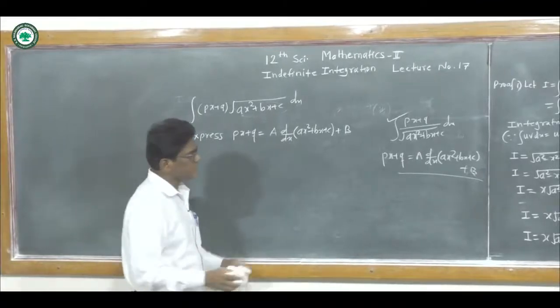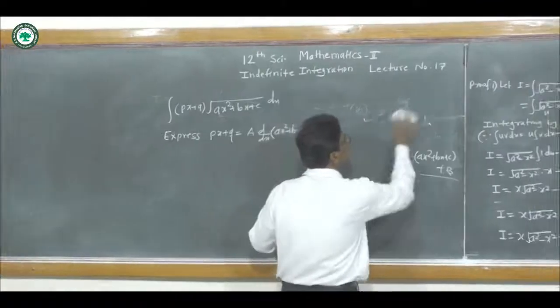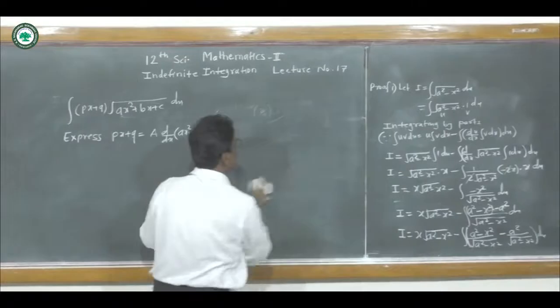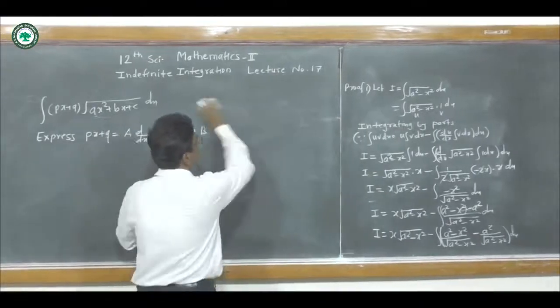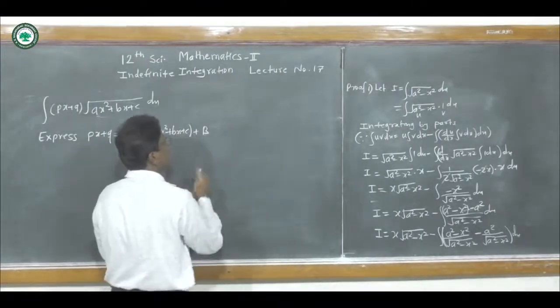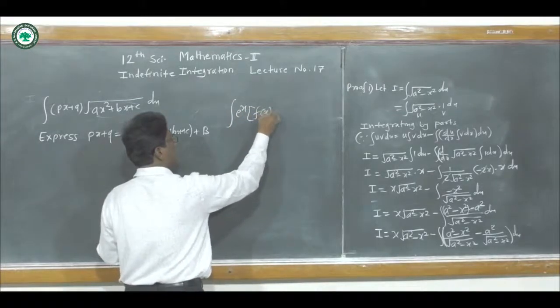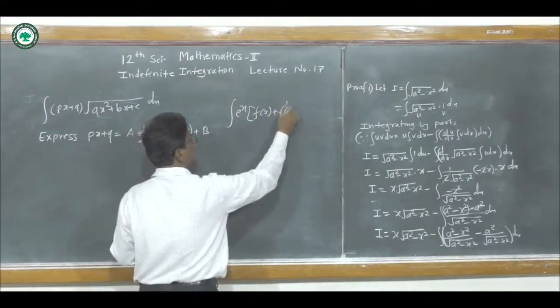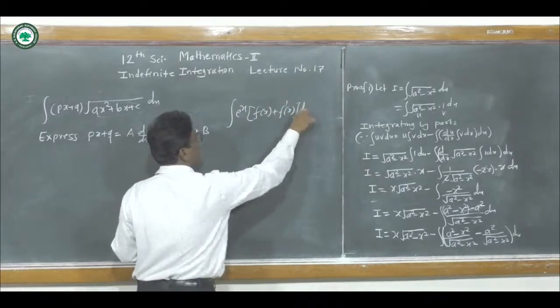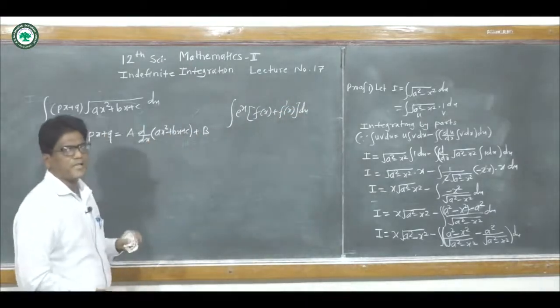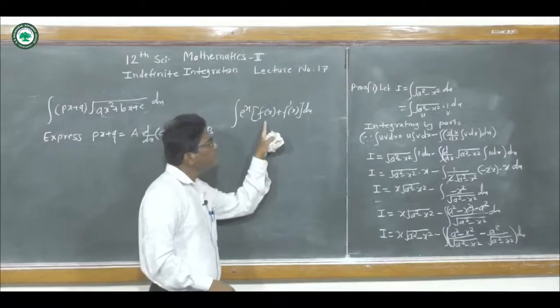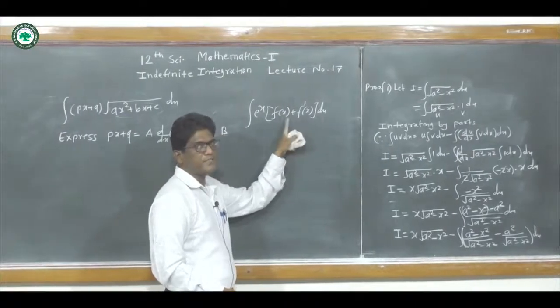Now here sometimes we have to use integration of e to the power x in the bracket f of x plus f dash of x dx. Integration of e to the power x in bracket, a function and its derivative, and their addition is here.